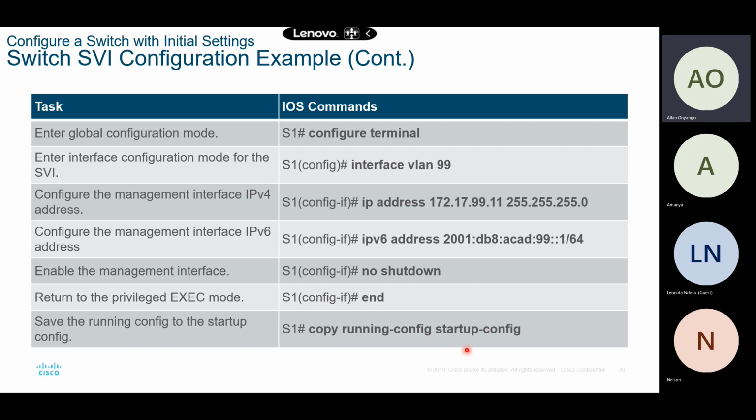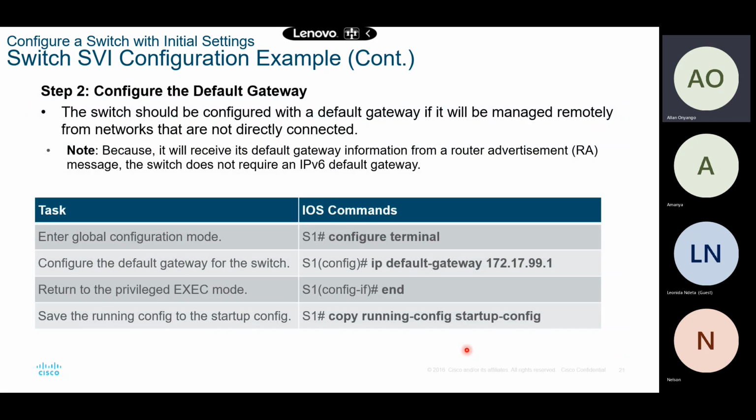You might have forgotten this, but you always need to remember this. I'm also going to do some demonstrations here for you to see, okay? So I'll go through this again, and you'll be able to configure both IPv4 and IP version 6. For the default gateway, of course, we also need to know how to configure the default gateway for our switches.